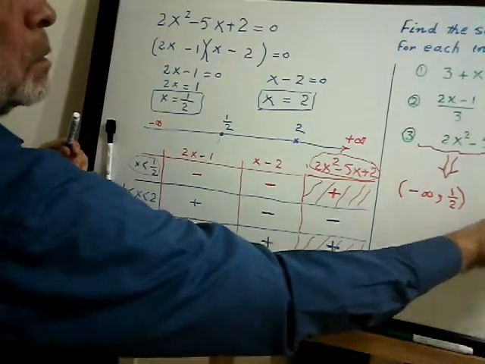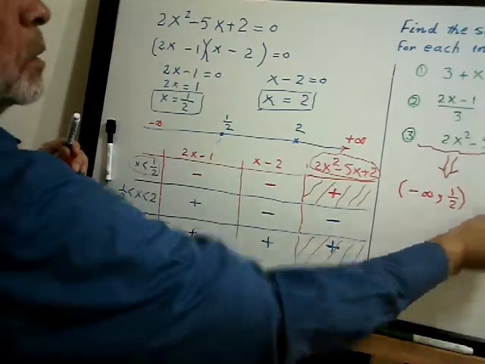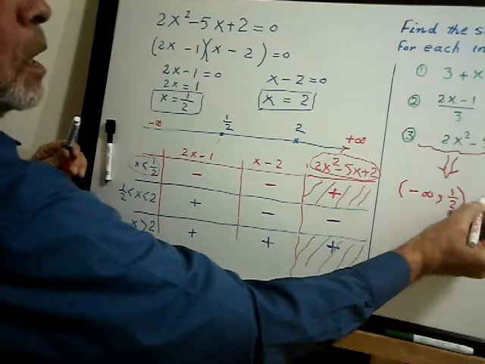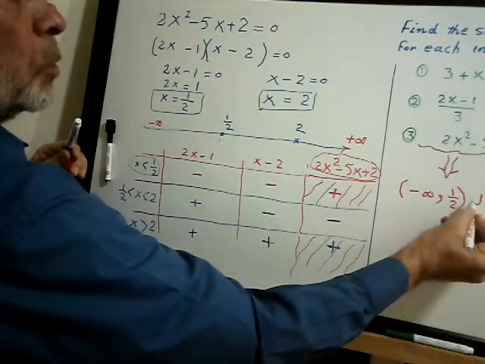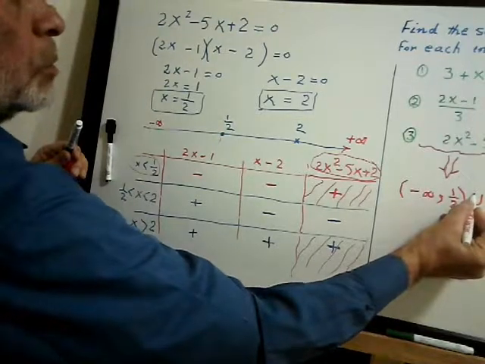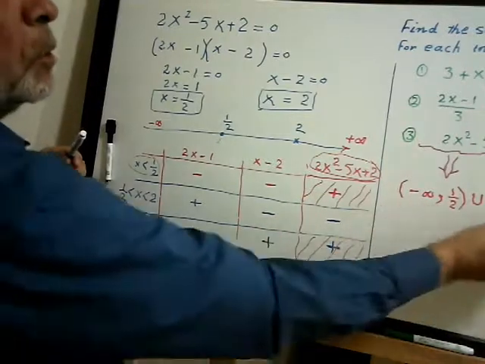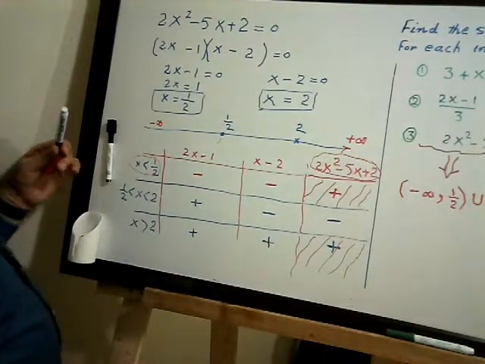Both are open intervals. The union of the two together is the solution. So this is the solution for this inequality.